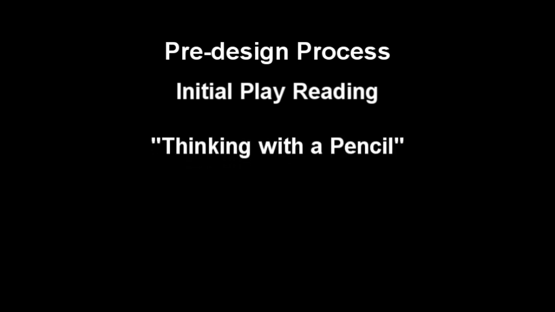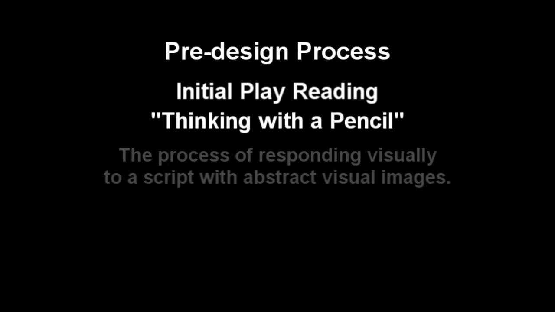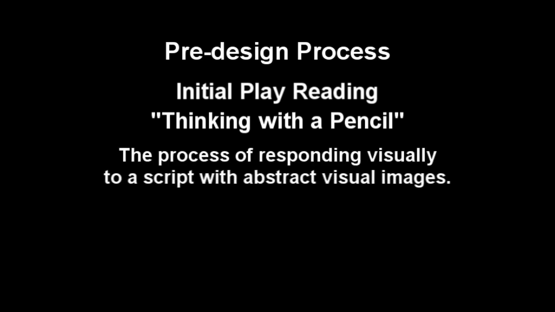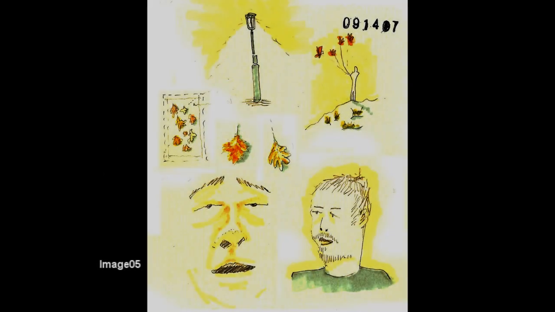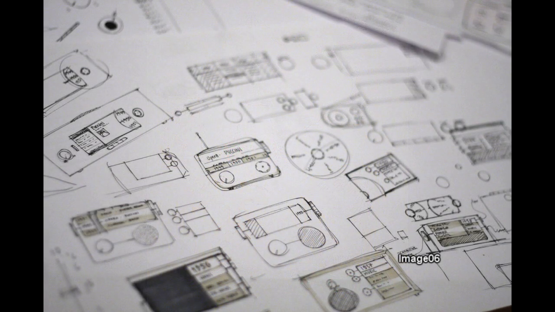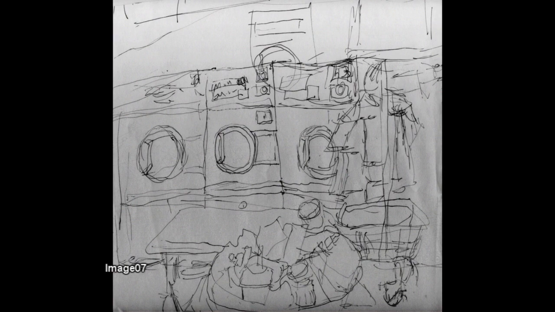Many designers go through a process referred to as thinking with a pencil. The process involves a designer reading a play while brainstorming with basic visual ideas that spring from that reading. These jottings rarely have anything to do with a traditional set design, but are abstract visual reactions to the designer's experience from the reading of the play.